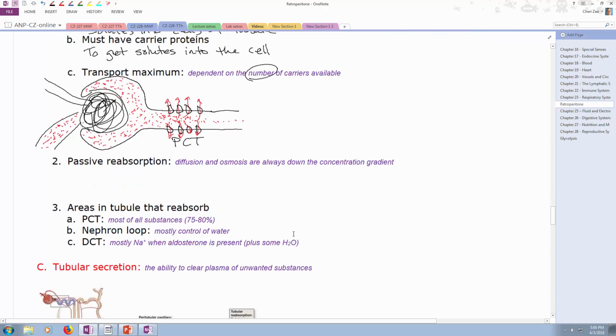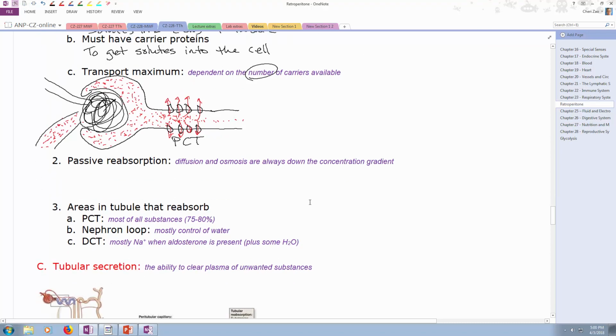Passive reabsorption. Remember, diffusion and osmosis always go down their concentration gradients. And osmosis is something that we always talk about with water, correct? And so water always follows solutes. So as we take the solutes out, water is taken out too. But it's taken out via this passive process of diffusion, which is osmosis itself. We don't actually actively transport water.